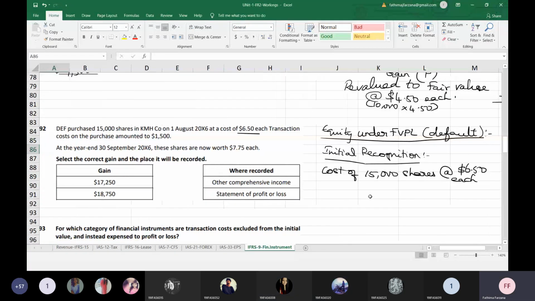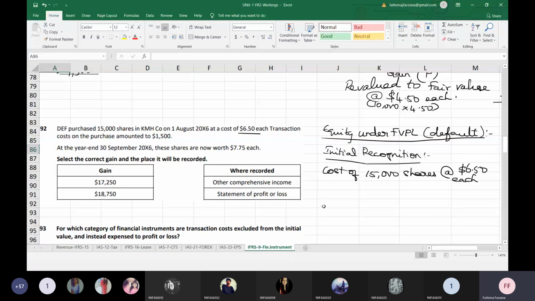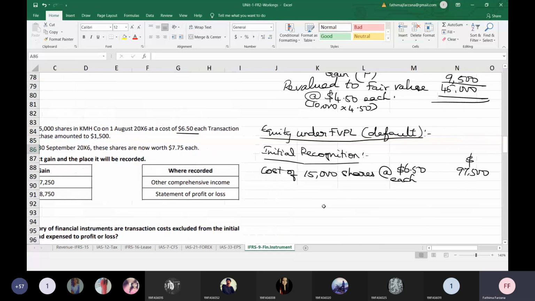Okay. Here also revaluation is happening, right? So what is the revalued amount now at year end? Revalue to fair value. How much is it? 7.75 into 15,000. Very good. Revalue to fair value at 7.75 each.